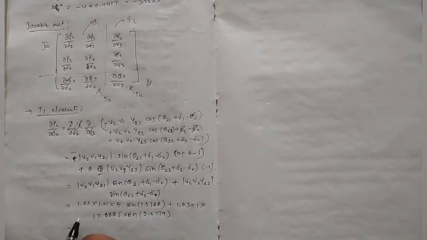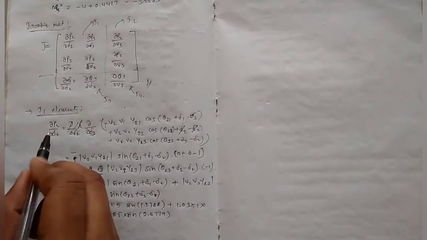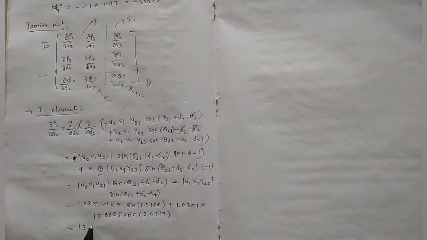After substituting and calculating, that is the first element of the G element, you get 13.422.